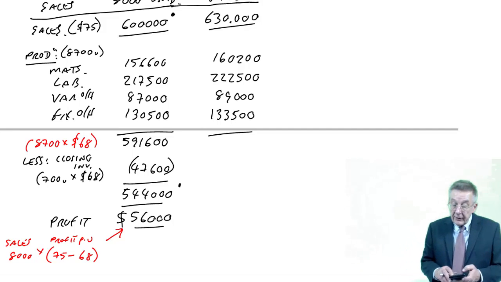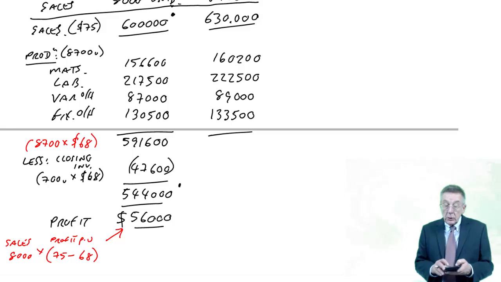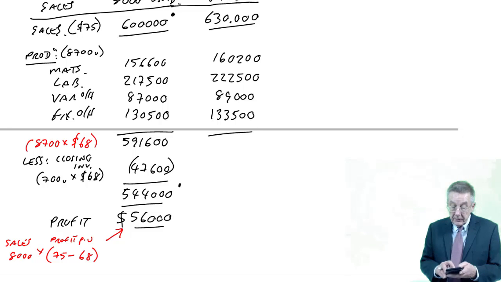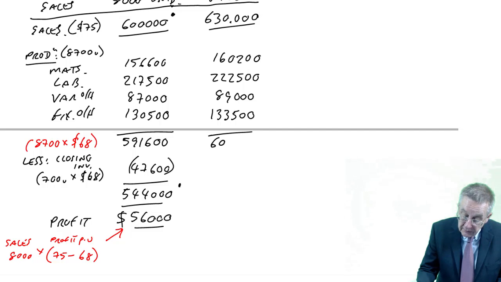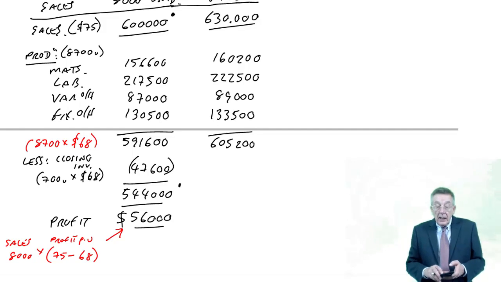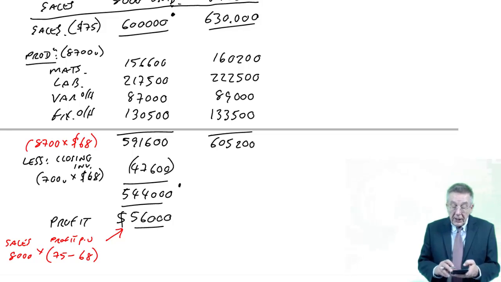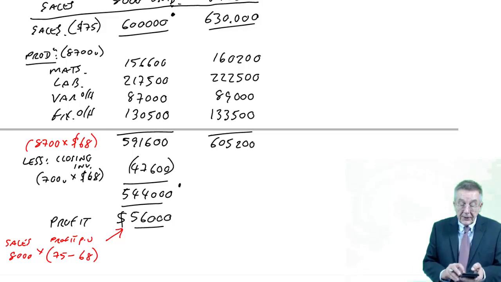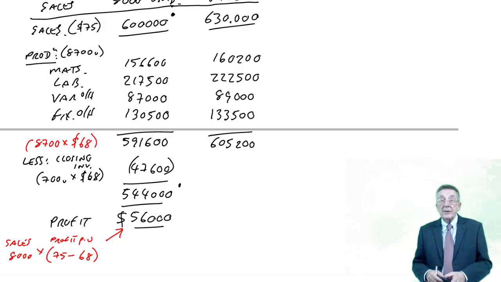However, if we carry on for the moment, that gives total cost of production 160,200 plus 222,500 plus 89,000, 133,500. I think 605,200, but again I can check that quickly because it's 8,900 produced. Each unit should cost 68 in total. Yes, 605,200.